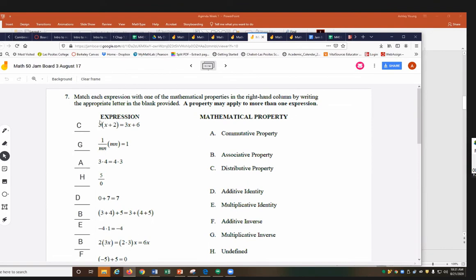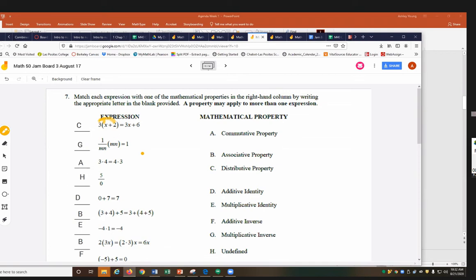Yep, so you just distribute the 3 to the parentheses, and you end up with 3x plus 6 equals 0. Perfect. You're doing this times that. Second one, you said it was an example of the multiplicative inverse, which is the inverse or reciprocal of a number. For example, the reciprocal of A over B would be B over A.